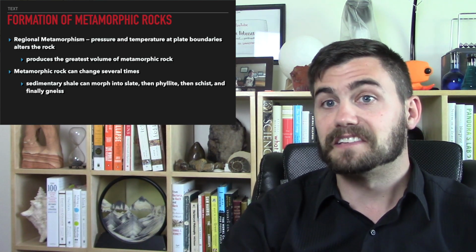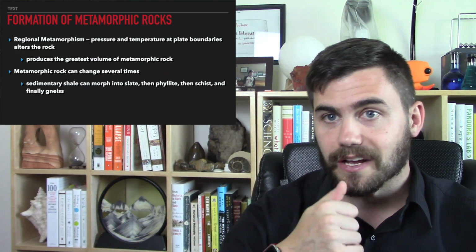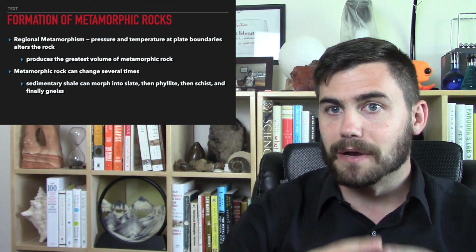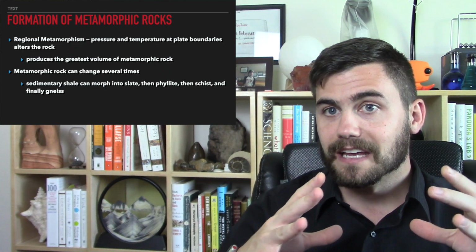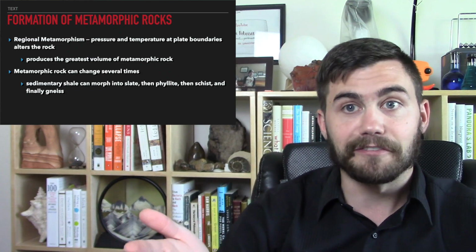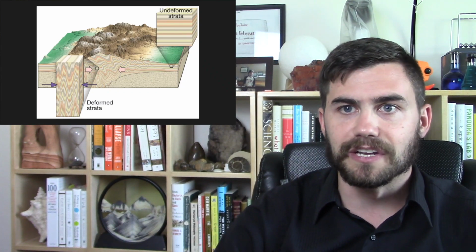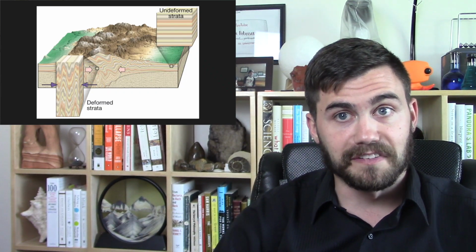And this has degrees of metamorphism as well. So the sedimentary rock shale can be metamorphosized through increasing heat, pressure, and time into many different metamorphic rocks, as a matter of fact. Here's a visualization of what regional metamorphism might look like.